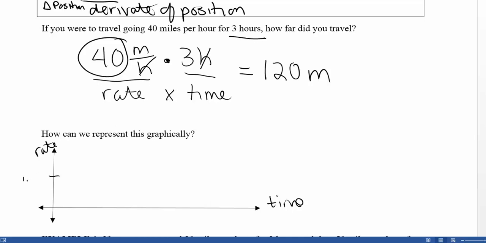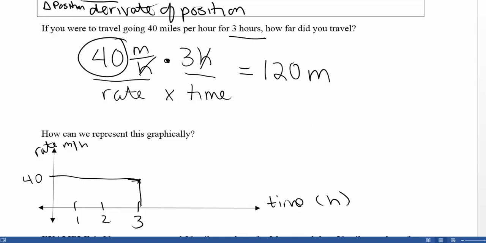So here, I have 40, and I'm going at 40 from time equals 0 to time equals 3. So my picture looks like this. I'm going 40 miles an hour for 3 hours. So my rate, again, is in miles per hour, and my time was in hours.